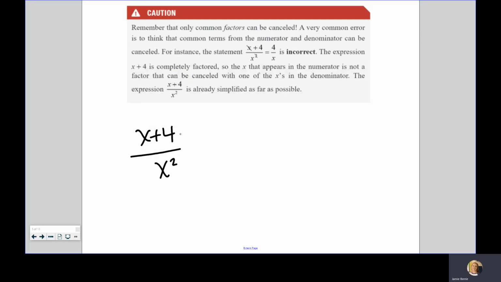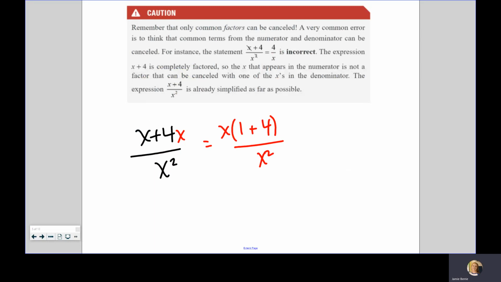In order for you to cancel the x's like that, you would have to have an x in each term in the numerator. Then you would have to factor out that x. Let me just write that again. You would have to have an x in each term in the numerator. You would factor out the x. That would leave you just with a 1 here. 1 plus 4.